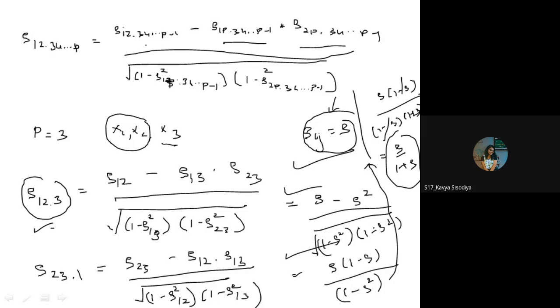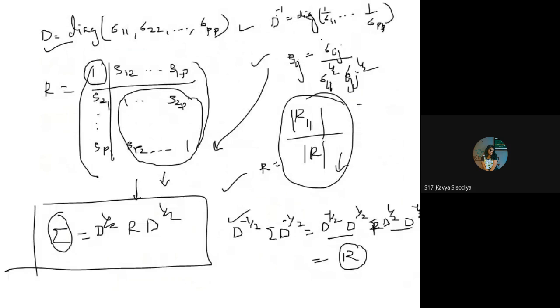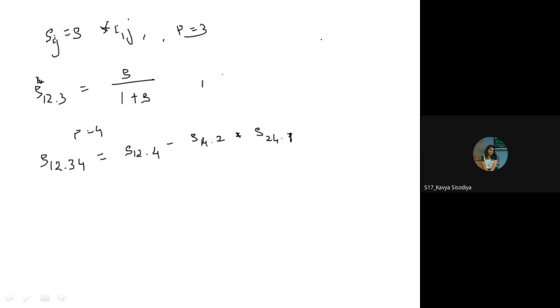So rho 1 2 dot, of course here p minus 1, so 1 2 dot 3. Here what will come? 1 4 dot, of course 3, and 2 4 dot 3. So I have written it wrong here. This is not correct. It is 1 4 dot 3 and 2 4 dot 3.